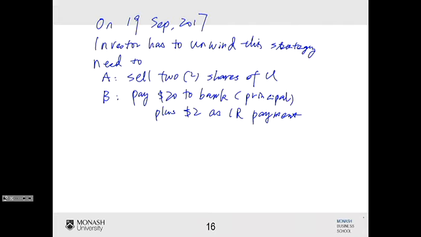That's not all, right? There's a C here. Because you sold the company L, 1 share, you need to buy it back. Buy back 1 share in firm L. Oh, sorry, this is C.